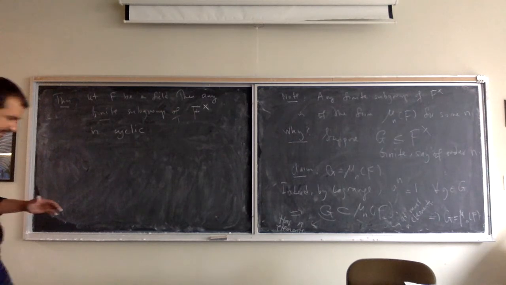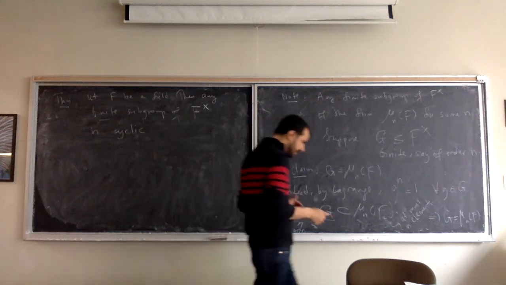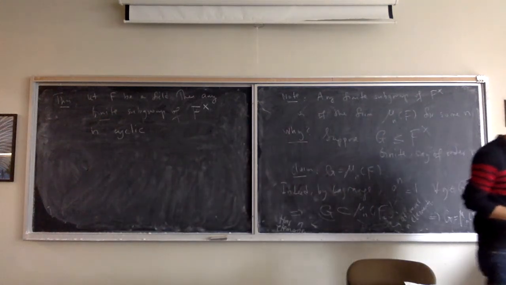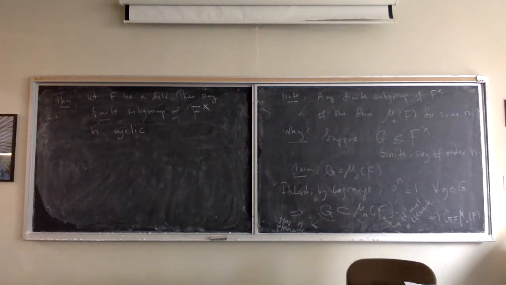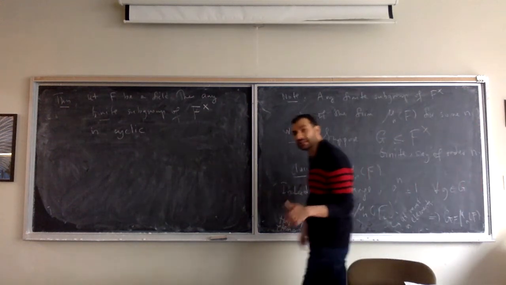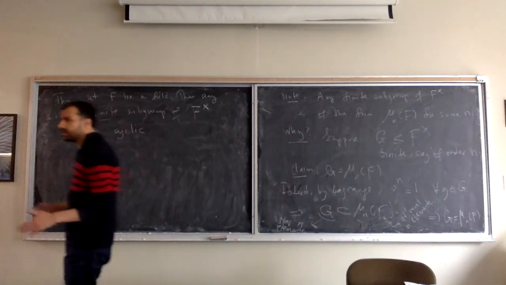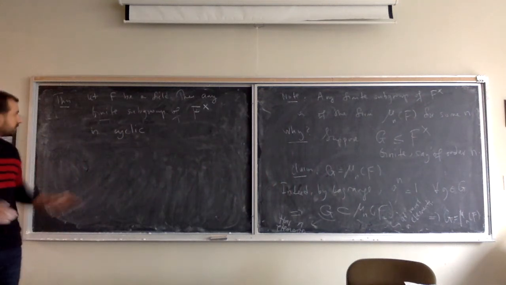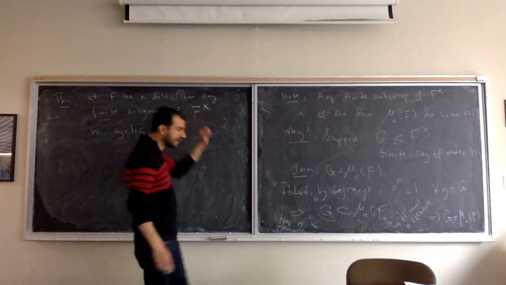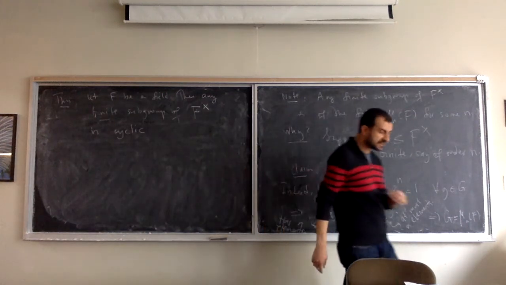So the situation that happens in C, that these finite subgroups, which are the same as these groups mu n, are cyclic, happens in general. Any finite subgroup of the multiplicative group of units of any field is cyclic.